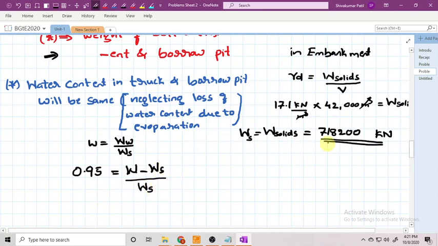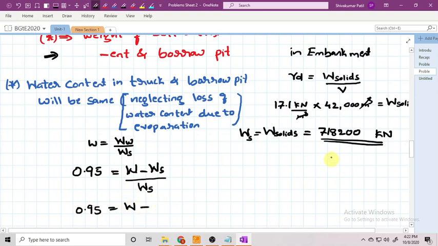So I already calculated weight of solids in the embankment, right? That will be the same in the borrow pit also, so that I can find out the total weight of soil in the borrow pit. Okay, so 0.95 equal to total weight minus weight of solids.